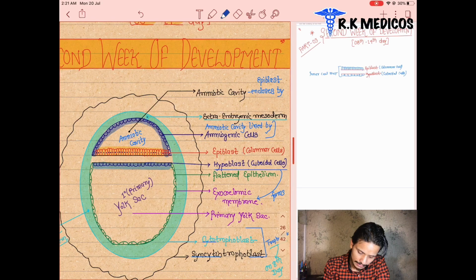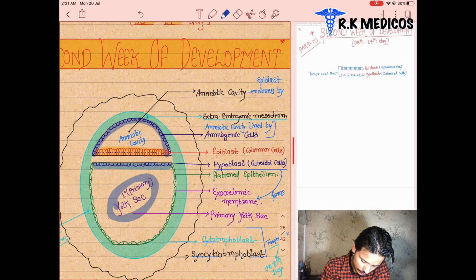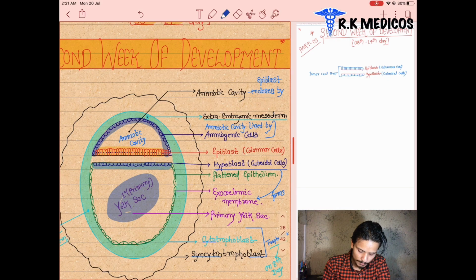So the epiblast cells are forming a cavity and the hypoblast cells are also forming a cavity. The epiblast forms a cavity above it, and the hypoblast forms a cavity below it.